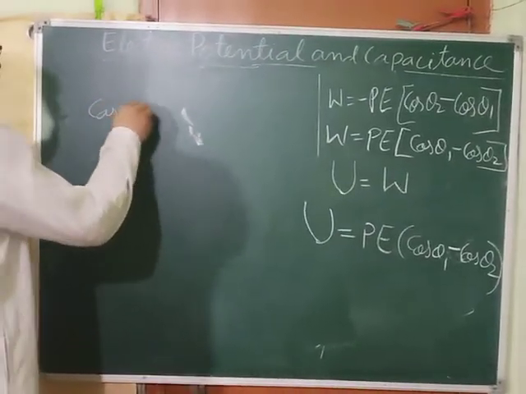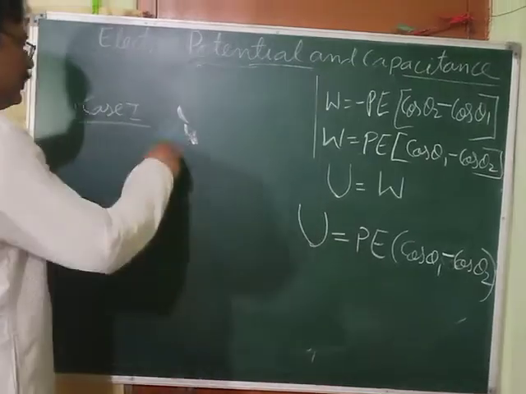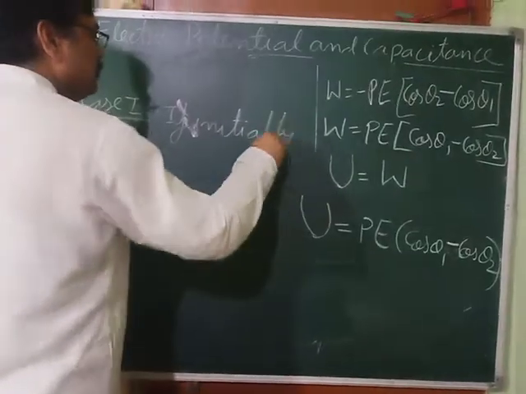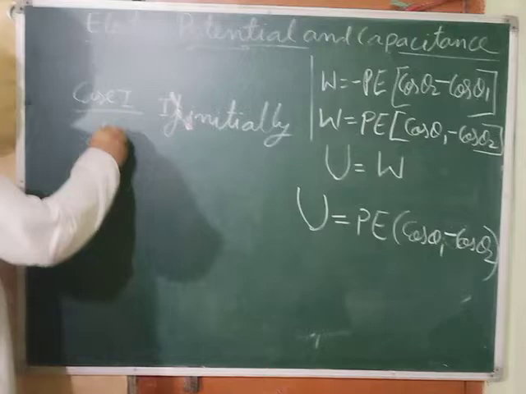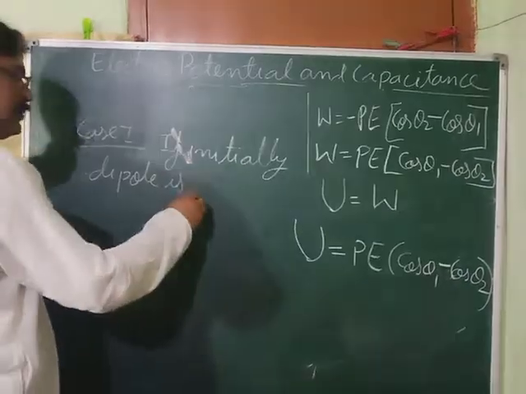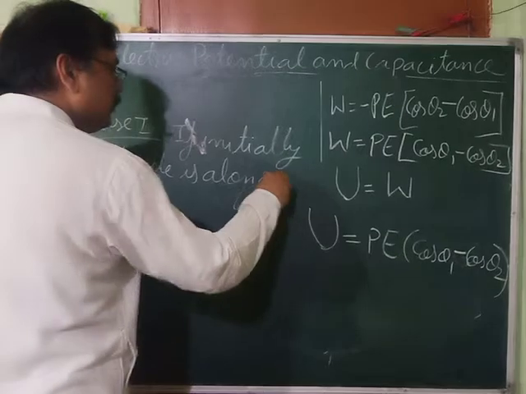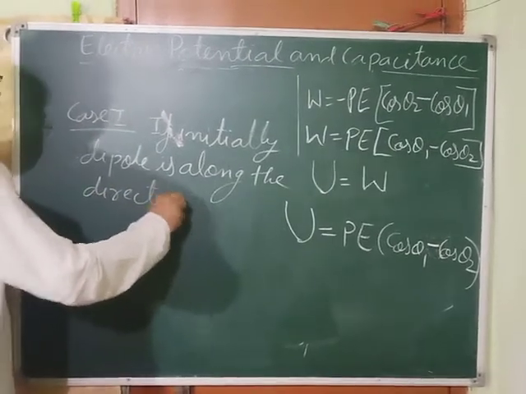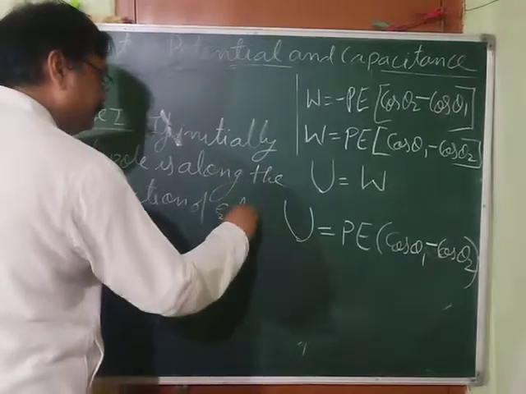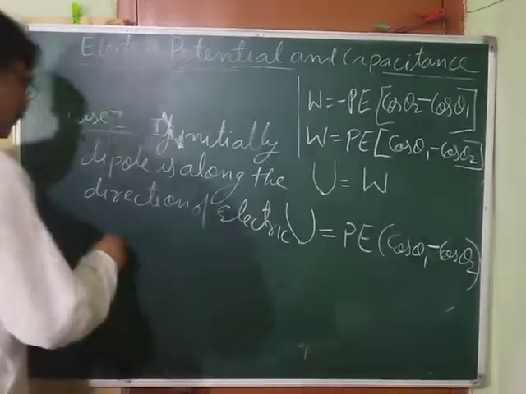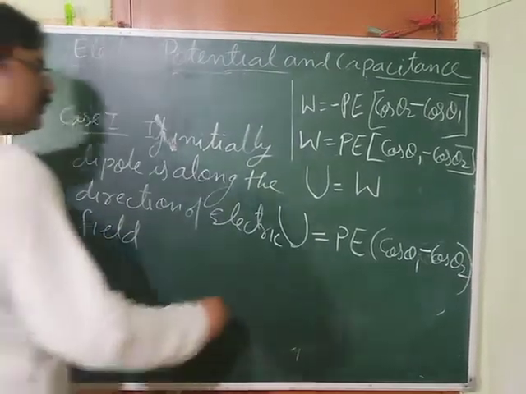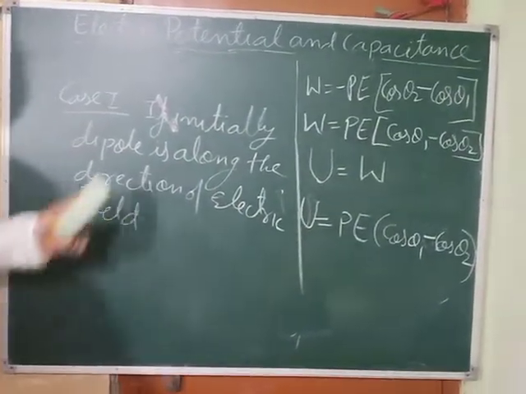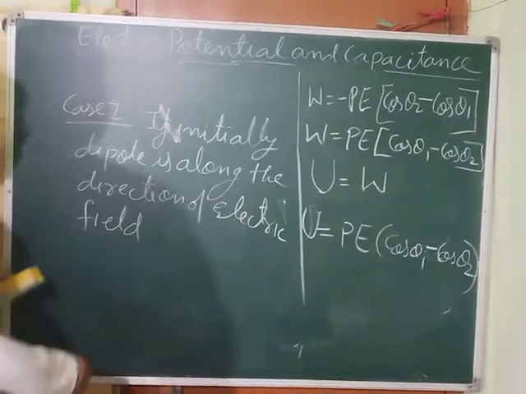Case 1. If initially the dipole is along the direction of electric field, then theta will be how much?